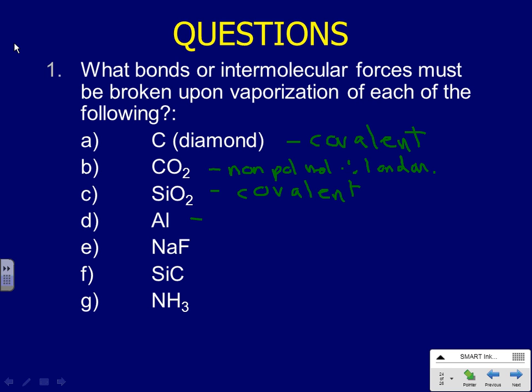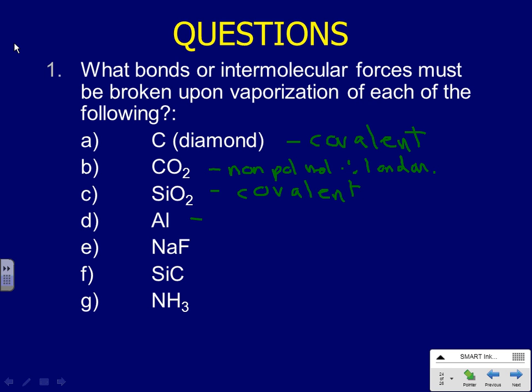Al, aluminum. What kind of bonds are being broken there when we melt aluminum? Is it ionic? No. Is it a small molecule? No. What is it? It's a metallic crystal.